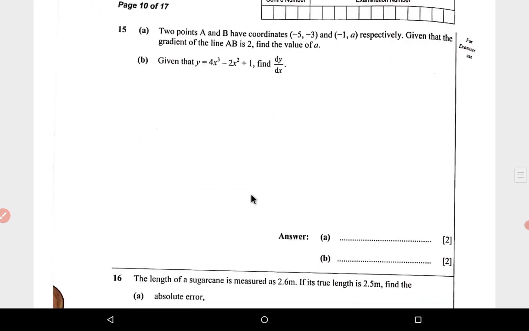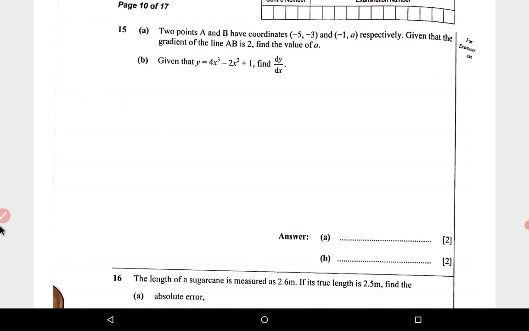Okay, so we have a question here. Two points A and B have coordinates this and that respectively, given that the gradient of the line is 2. Find the value of a. We'll answer it from here.